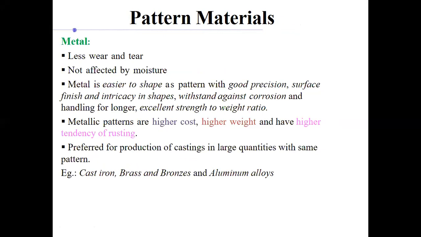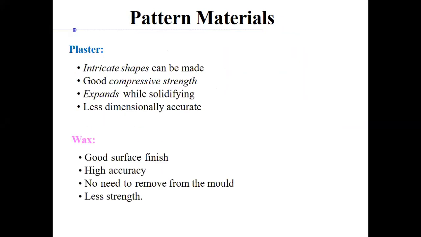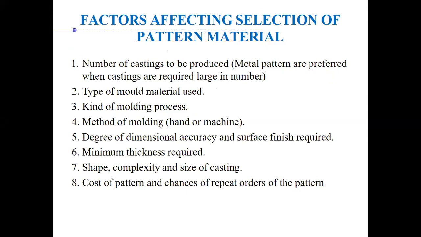Wood, metal, plastics, plaster, wax. And the factors to select: dimensional accuracy, the method of molding, type of mold, the cost of the pattern, and the chances of repeat orders. Basically, you decide the durability of the pattern based on the orders that you're expecting.